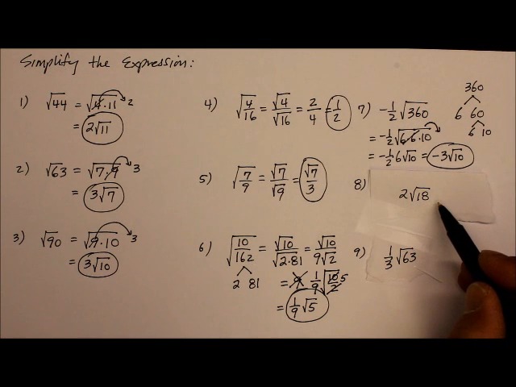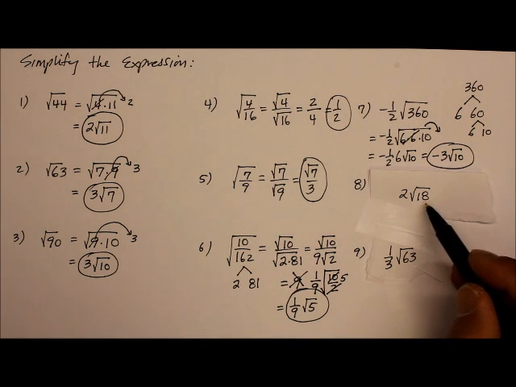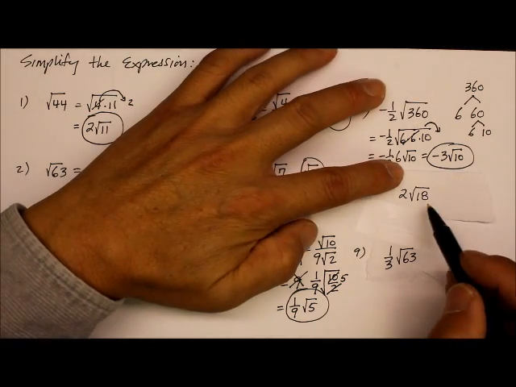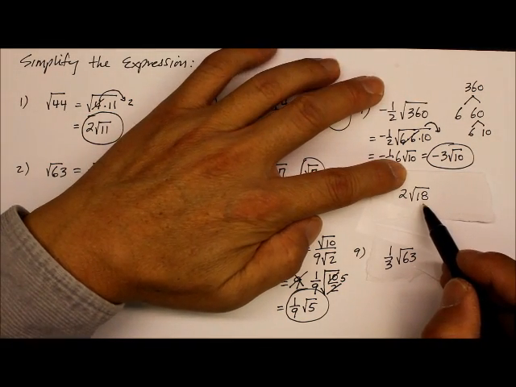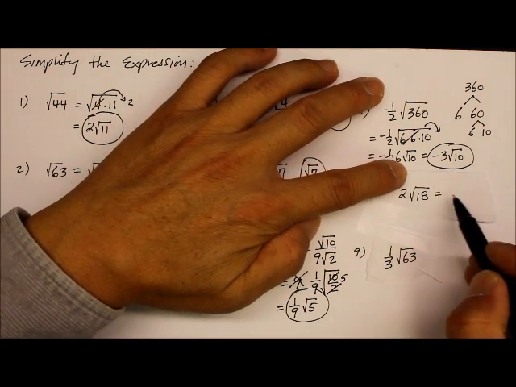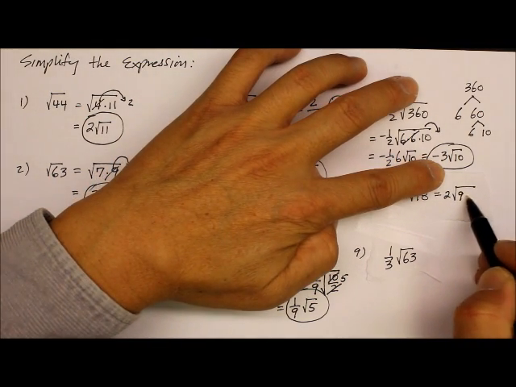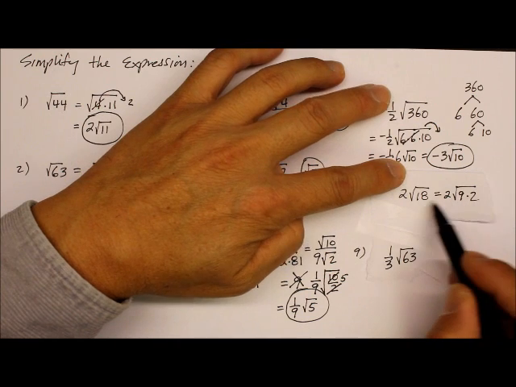Whatever problem we had before, turns out it was not a very good question for our lesson. So here's a new number 8. 2 times the square root of 18. You try that one. Alright. So here's what we have. It turns out square root of 18 is like saying 2 times the square root of 9 times 2, because 9 times 2 is 18.